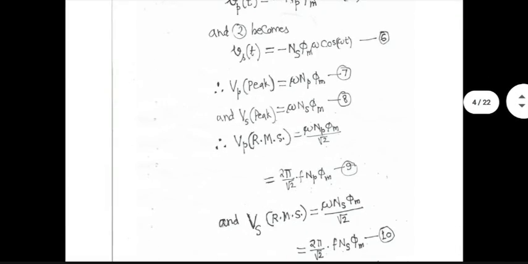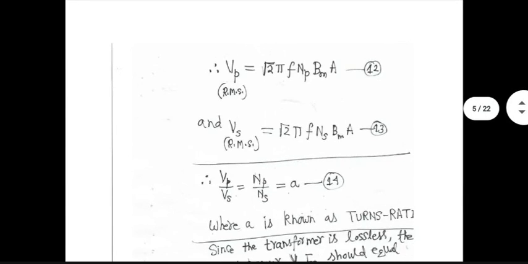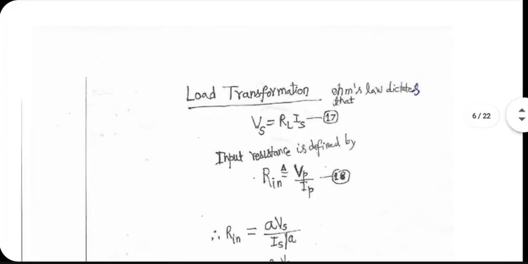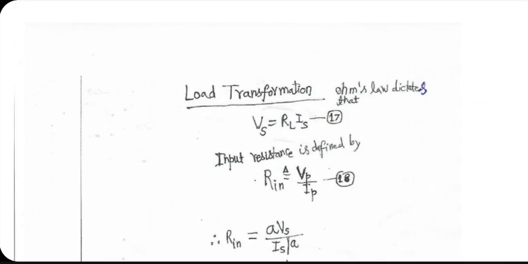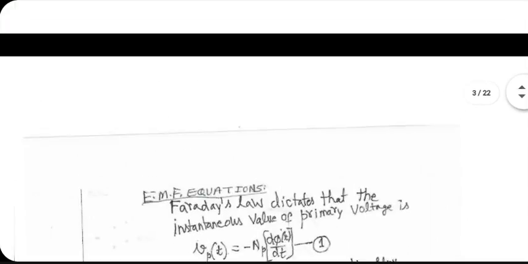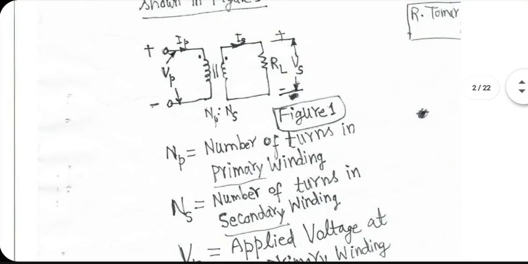Let me look at what theory says about that. Suppose the load connected is RL, let's say it's a resistive load, then Vs equal to RL into Is, simple Ohm's law, right? Vs is RL into Is.